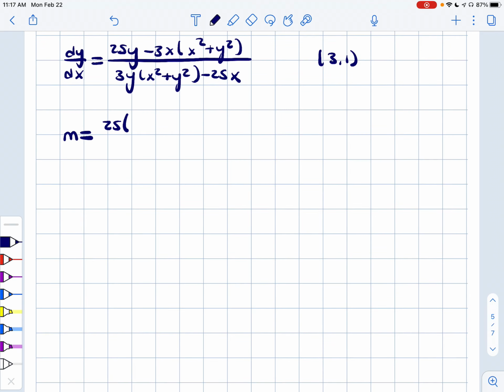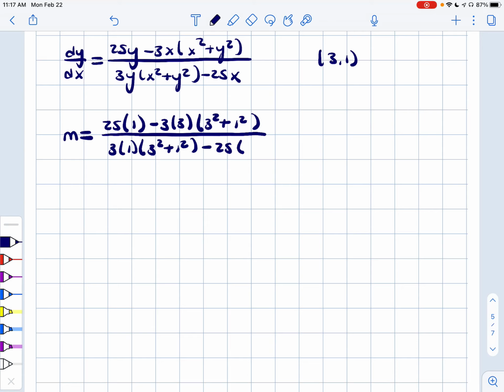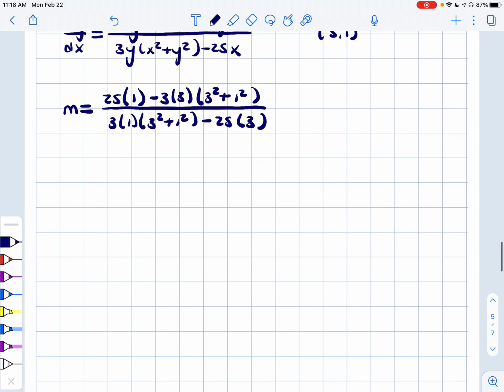So 25 times 1, plugging in 1 for our y's, plugging in 3 for all of our x's, minus 3 times 3 times the quantity 3 squared plus 1 squared, all over 3 times 1 times the quantity 3 squared plus 1 squared minus 25 times 3. If you evaluate this, you will end up with 13 over 9. So that is our final answer.